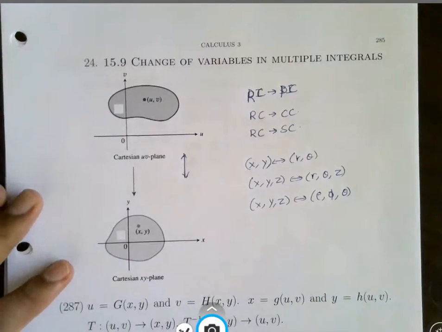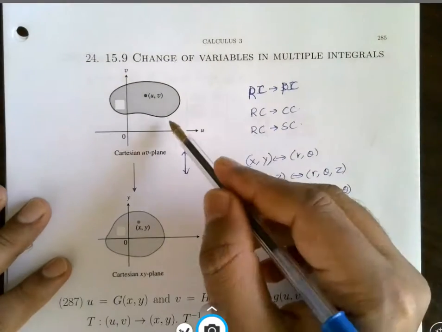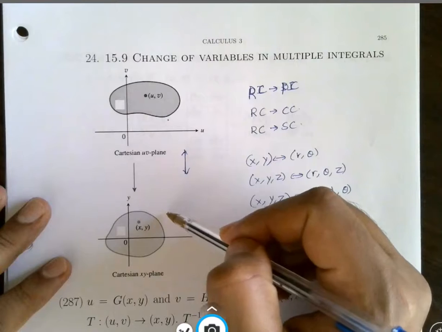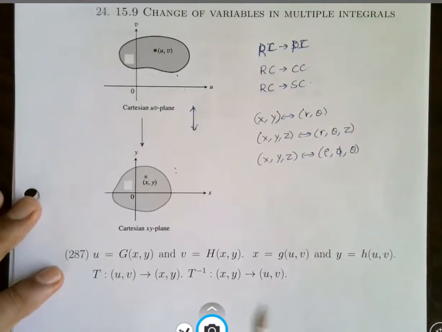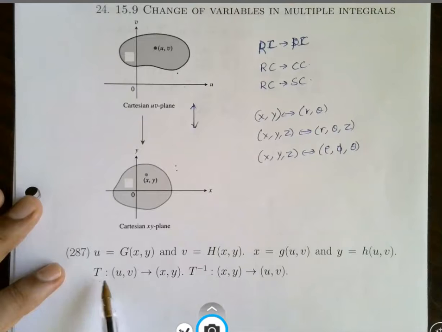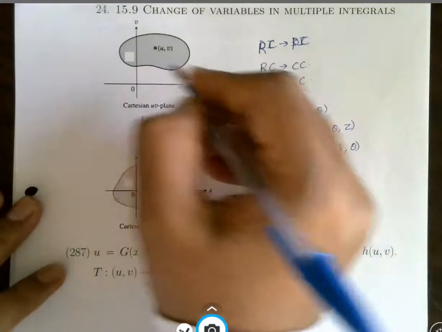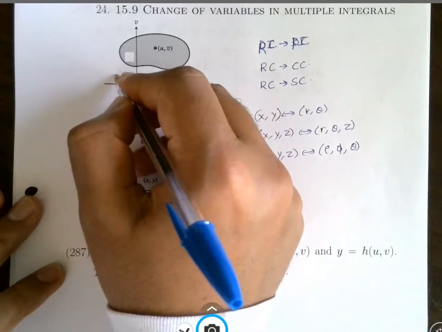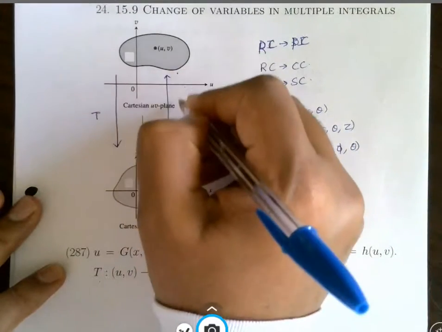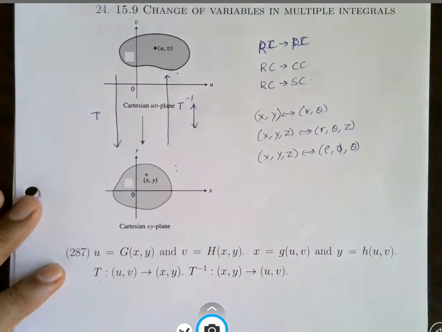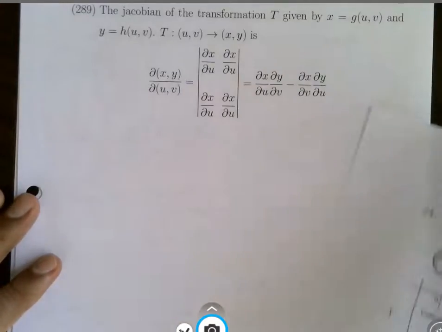So you want to move from the uv plane to the xy plane, or the xy plane to the uv plane. If T is a transformation from uv to xy, then going back would obviously be T inverse.